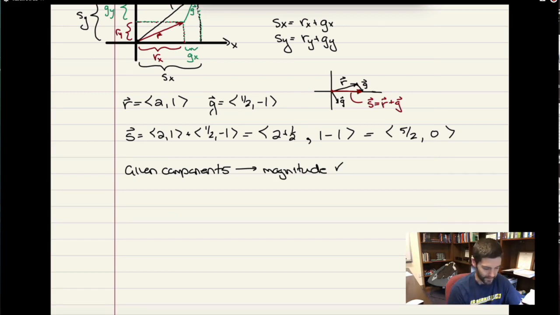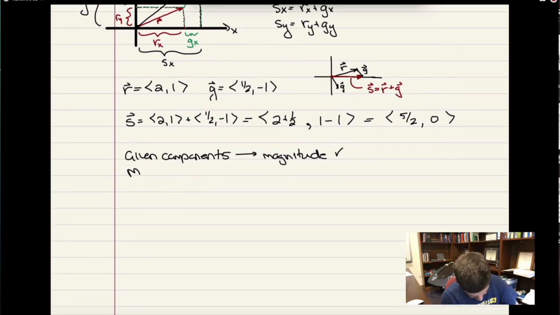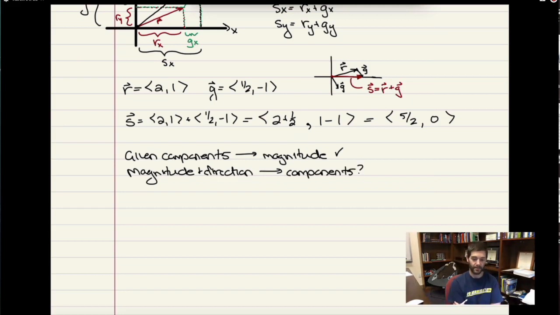And we saw that using the Pythagorean theorem. Given the magnitude and direction, how might we get the components? So now, how can we go the other way?